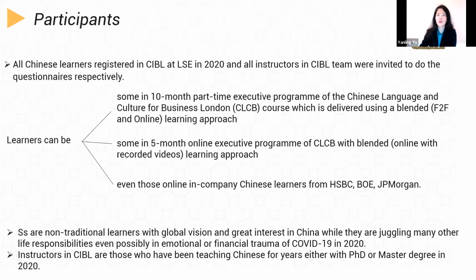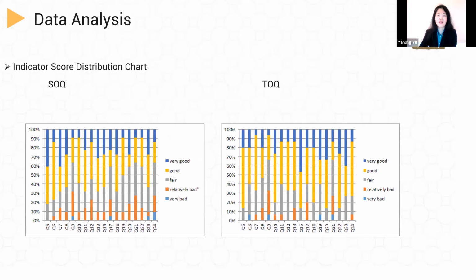Okay, now let's come to data analysis. Look at this picture, two charts. The left one is the student questionnaire, and the right one is the teacher questionnaire. I just mentioned the first section is personal experience, so these two charts don't cover the personal part, just the major parts and the major secondary indicators.